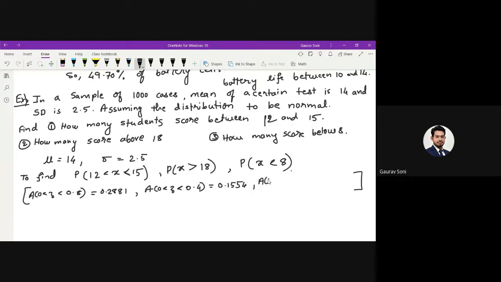Area from 0 less than z less than 1.6 is equal to 0.4452.